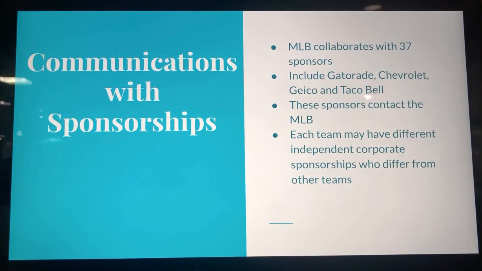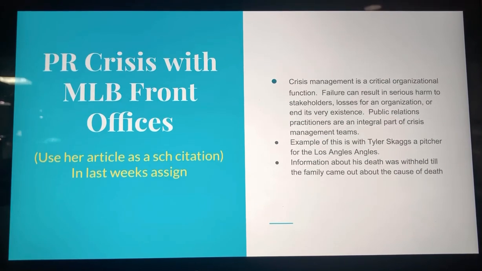Each team may have different independent corporate sponsorships that differ from other teams. So local businesses may have a sponsorship on the team, such as a smaller restaurant compared to other teams in their town.